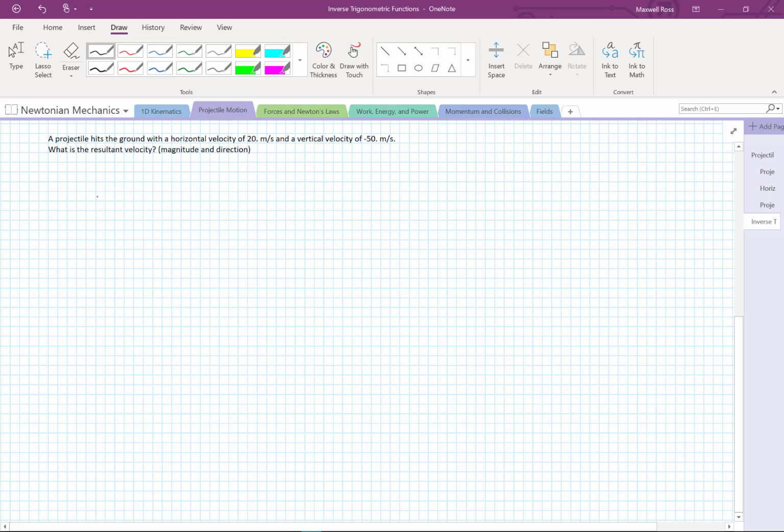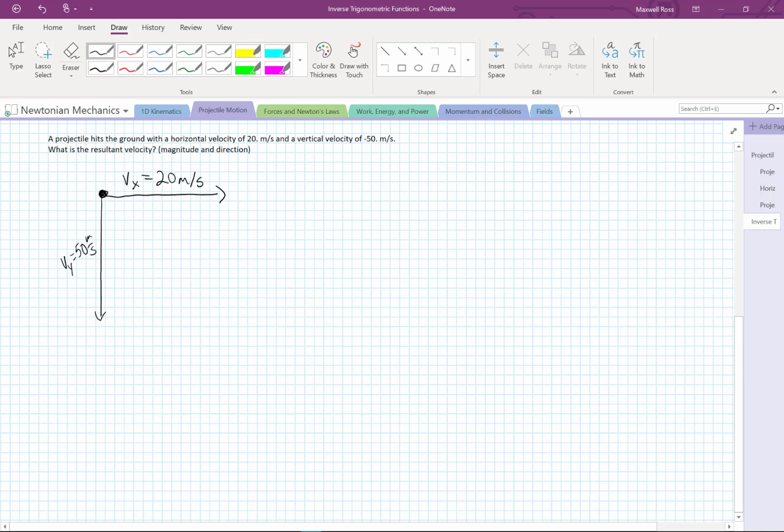So let's take a look at this. We know that it has a horizontal velocity of 20 meters per second, so I'm going to sketch out that vector. Vx equals 20 meters per second. And the vertical velocity is negative 50 meters per second, so it's going to have a vertical velocity of 50 meters per second down. It's going to be Vy equals 50 meters per second.